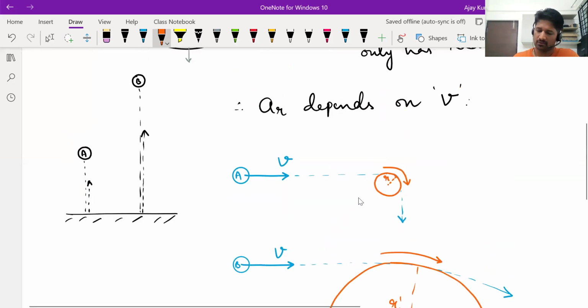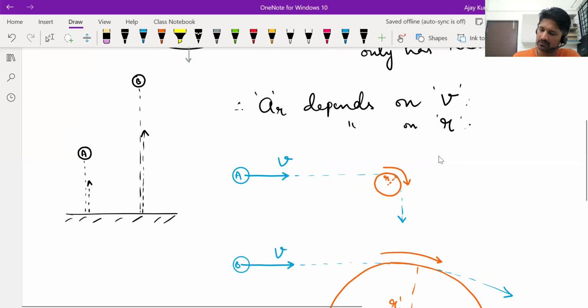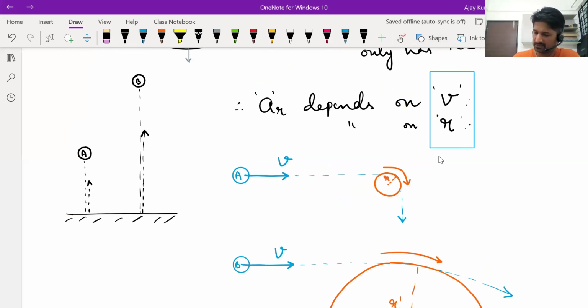Okay? So the radial acceleration, which is what changes the direction of motion of an object, also depends on the radius of curvature. Smaller the radius of curvature, greater the radial acceleration, right? So these are the two factors on which the amount of radial acceleration depends. From everyday experience, we can tell this.